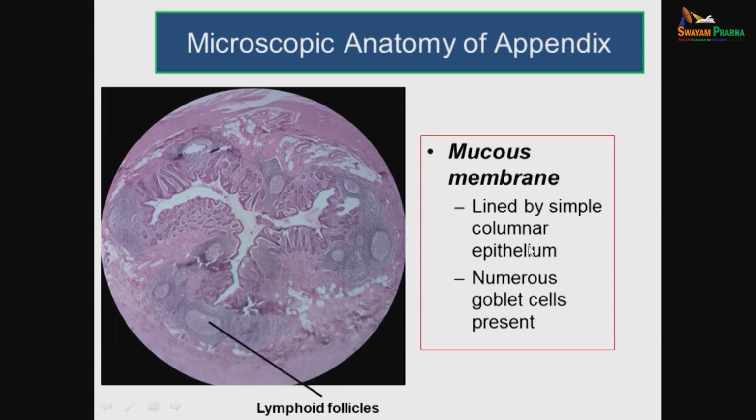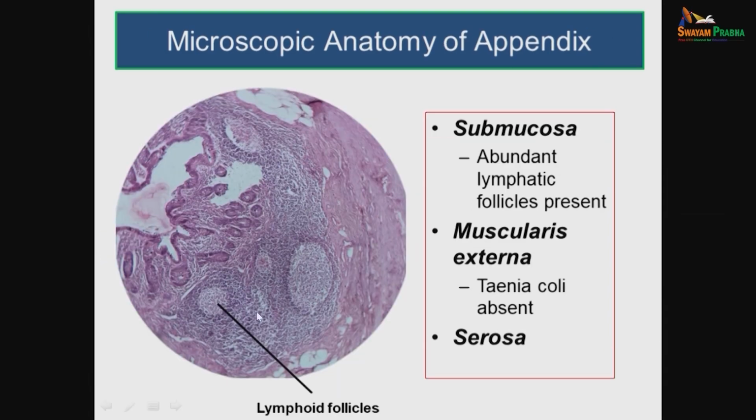But just like in the large intestine, numerous goblet cells are present in the simple columnar epithelium. In the submucosa, a large number of lymphoid follicles are present, which are the hallmark feature of the vermiform appendix, much more than in the rest of the large intestine.